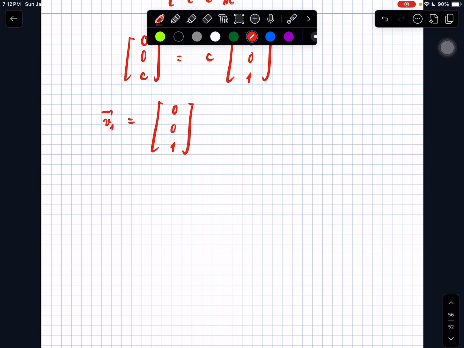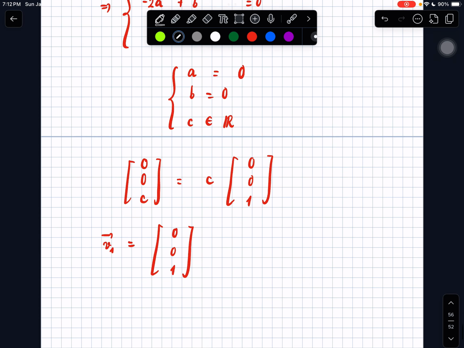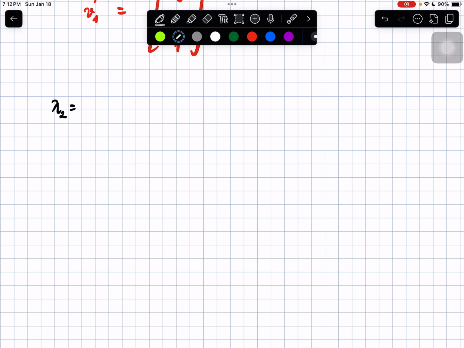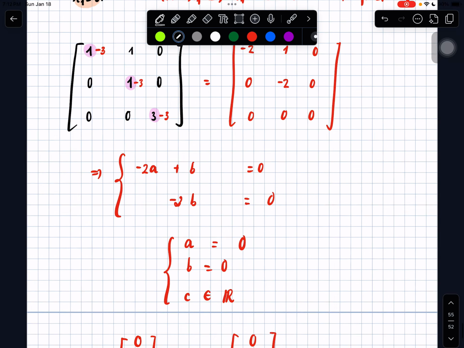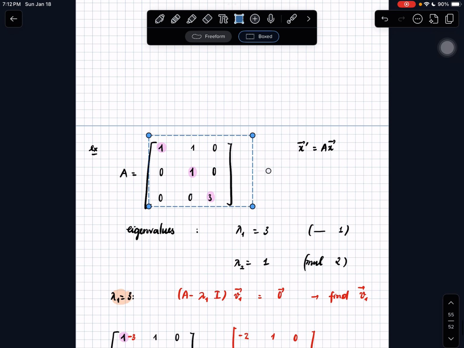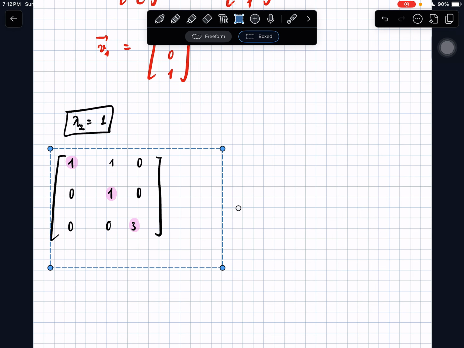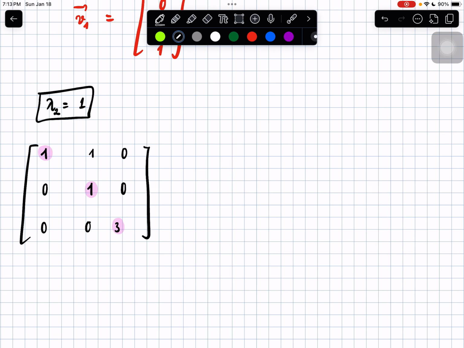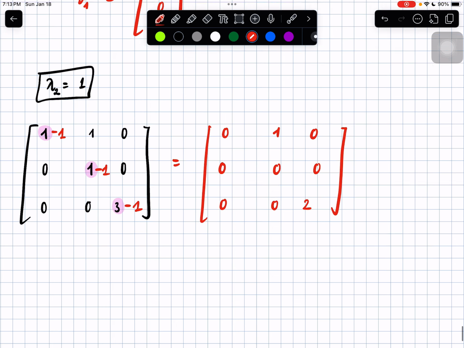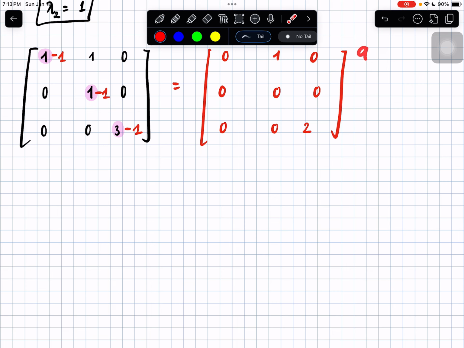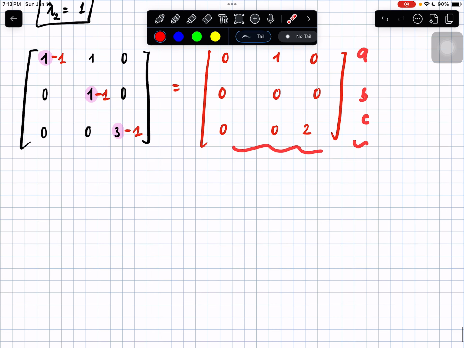Now we look at the other one, lambda 2 equal to 1. Matrix A minus lambda I is 0, 1, 0, 0, 0, 0, 0, 0, 2. Again, you solve this matrix times A, B, C equals 0.